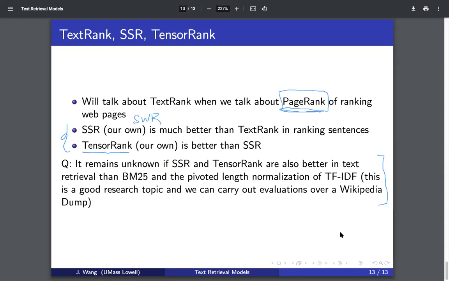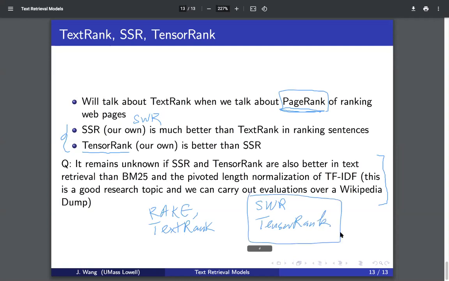For RAKE, TextRank, SWR, and TensorRank, we know that these two perform better than the others on sentence ranking. Again, the good thing is they don't need a corpus.